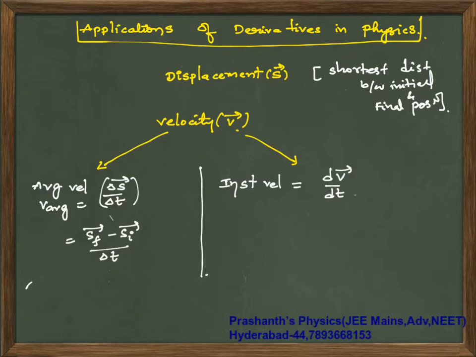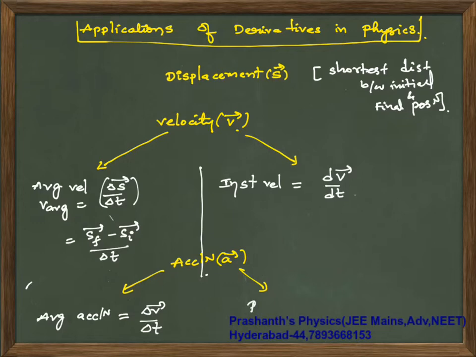Similarly in acceleration, once again you have two types of acceleration. One is average acceleration, which is delta v bar by delta t, and instantaneous acceleration, represented by a instantaneous, is equal to dv by dt.